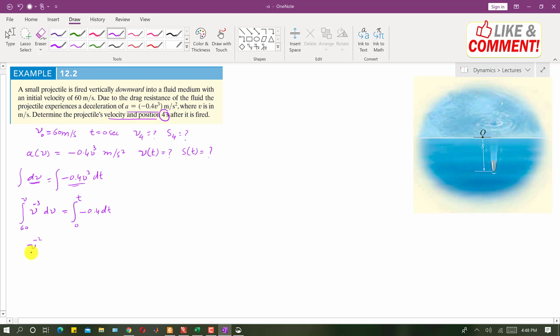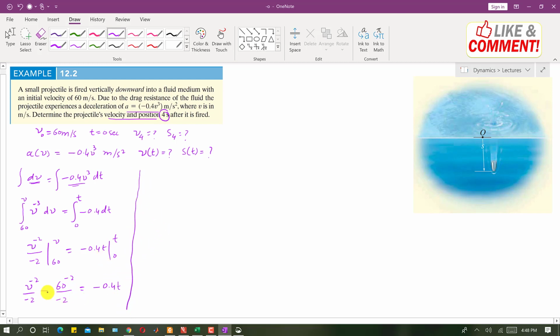So, this will become minus 2 and this will be divided by minus 2, and this will be from 60 to v, and this will become minus 0.4 t, and this will be from 0 to t, right. So, now when we put the boundary conditions, this will be v to the power minus 2 divided by minus 2 minus 60 to the power minus 2 divided by minus 2, and this will be minus 0.4 t, and when we put 0, that will become 0, right.